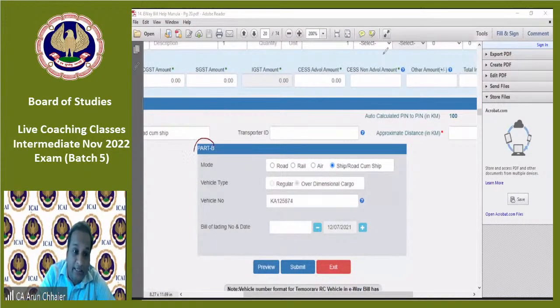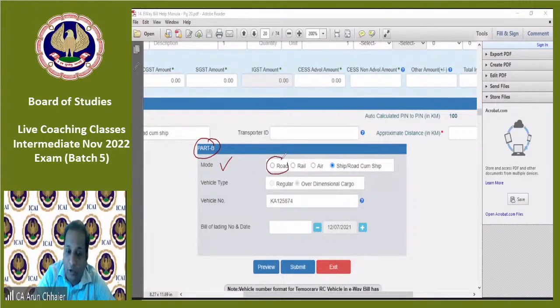Please note in the e-way bill, there are two parts. Part A has the supplier detail, recipient detail, document number, supply type, transaction type, tax amount, HSN code, distance, etc. And part B is about the mode.